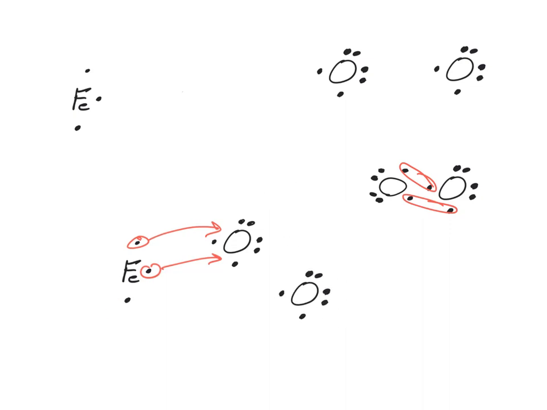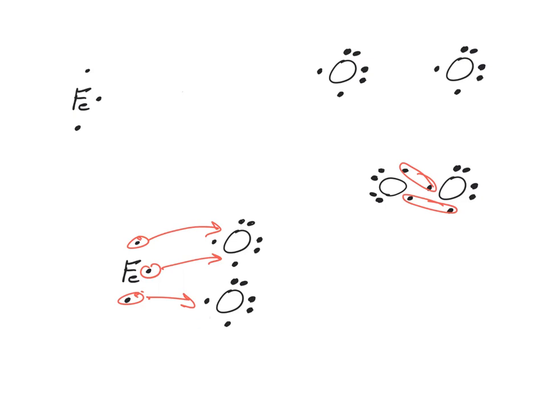So what happens is another oxygen comes in and takes that electron. But then that leaves this oxygen without an electron.